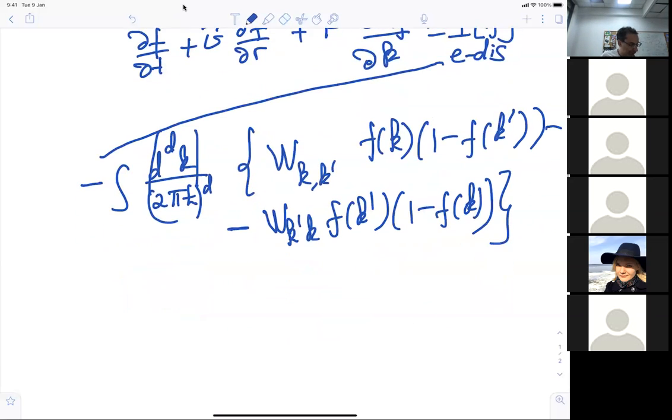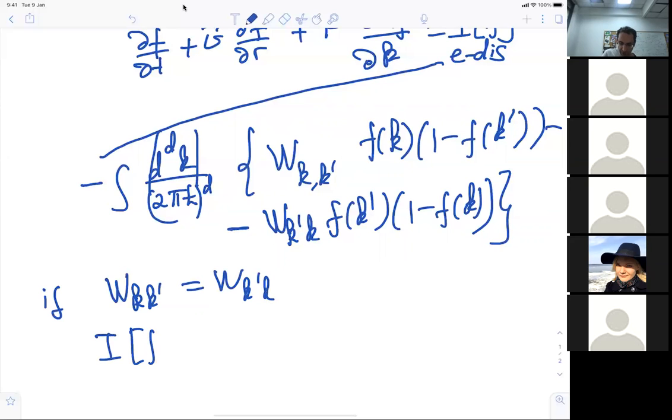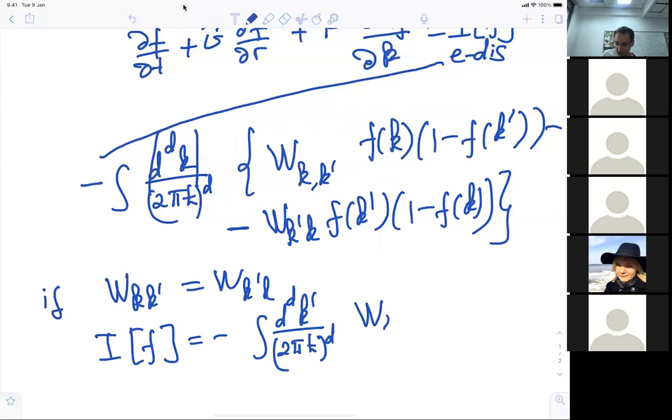Okay, and if w_kk prime is equal to w_k prime k, we learn that the collision integral becomes a linear operator: minus the d-dimensional integral d^d k prime over (2 pi h bar)^d, w_kk prime, f of k minus f of k prime.